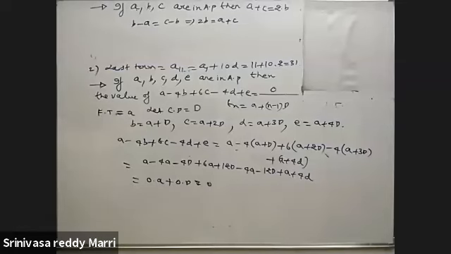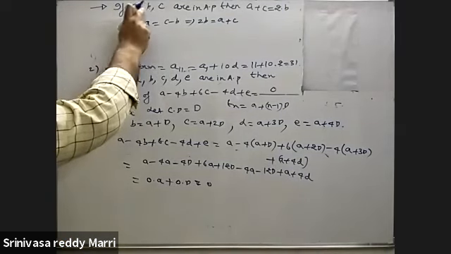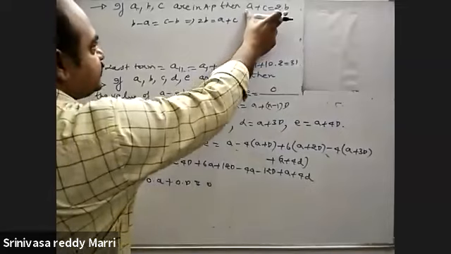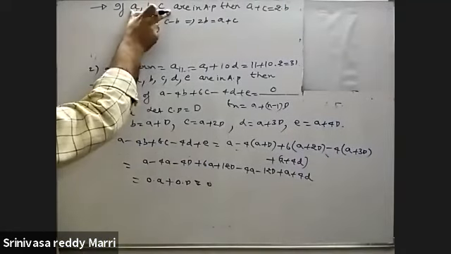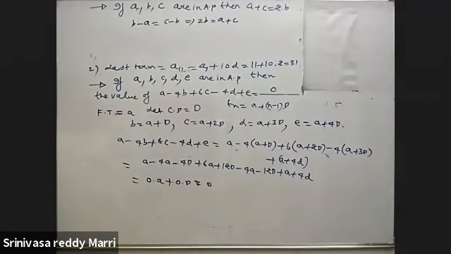Or otherwise, if three numbers satisfy first term plus third term equal to 2 into middle term, then A, B, C will be in AP. If A, B, C are in AP, then A plus C equal to 2B.